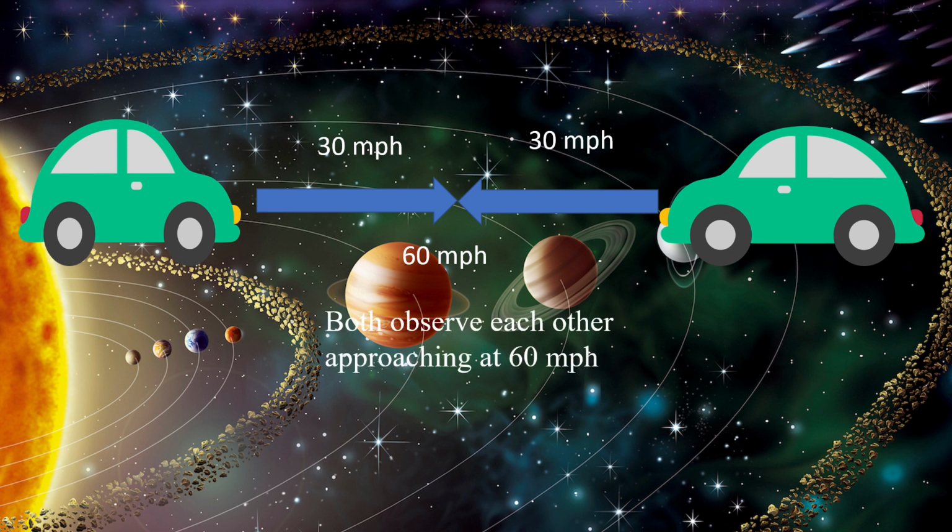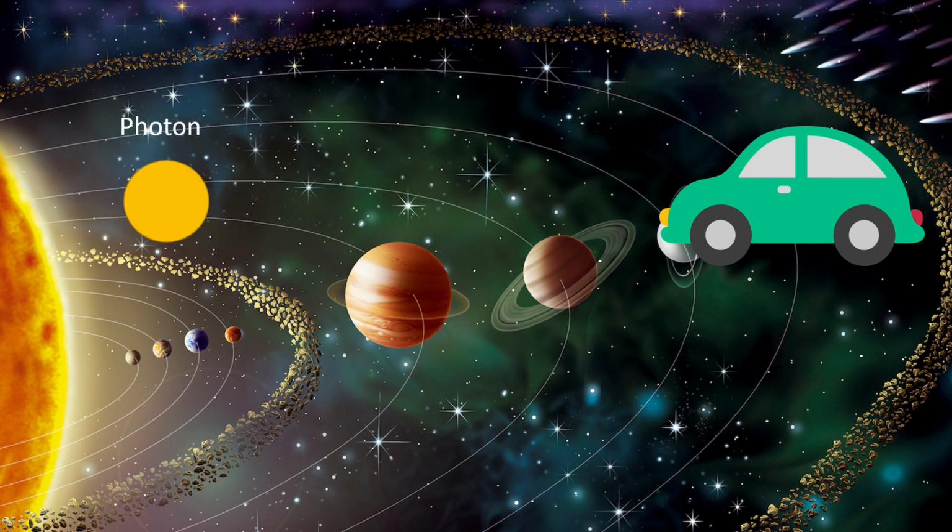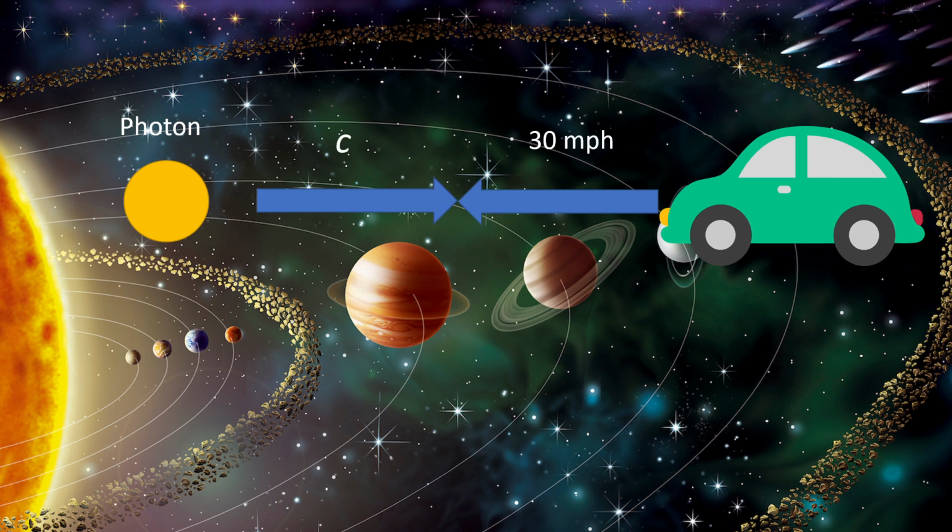Adding speeds and velocities like this is perfectly acceptable in most cases. However, light does not follow these rules. If a car travels towards a particle of light, called a photon, at 30 miles an hour, and the photon zooms towards the car at the speed of light c, one might expect that the car will observe the photon approaching at c plus 30 miles an hour.